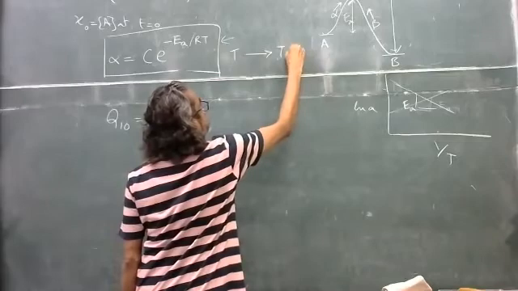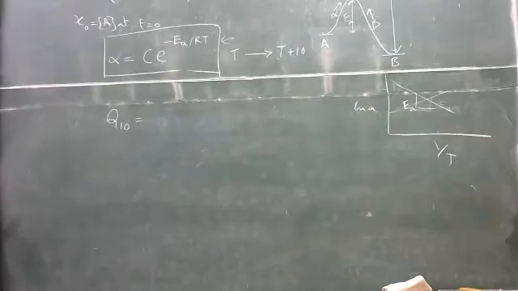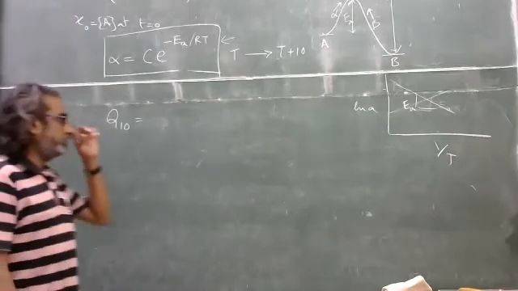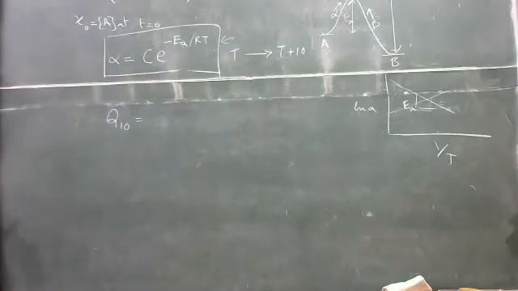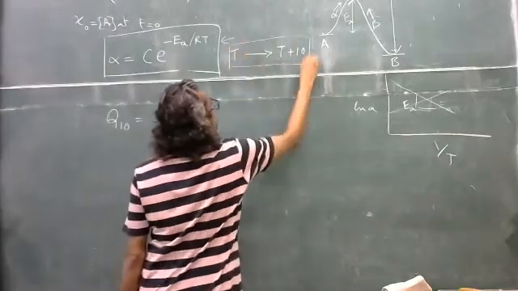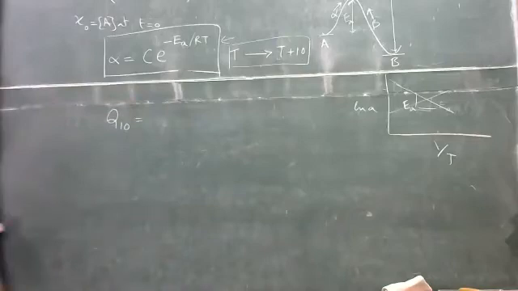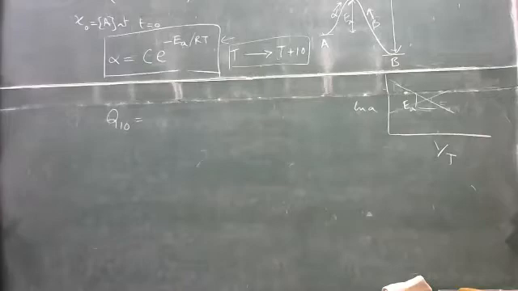Most of the time experiments are done, especially in biological systems, typically between 0 and 40 or 50 degrees Celsius. So it's a good indication of how much the rate changes when you change the temperature by 10 degrees, for example rates at room temperature versus rates at 10 degrees Celsius higher.